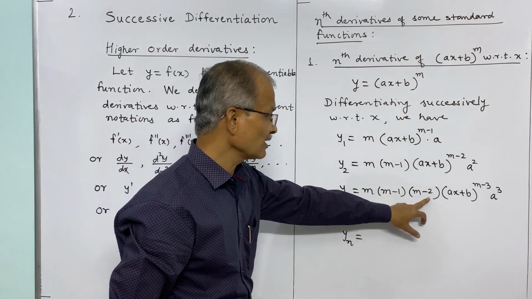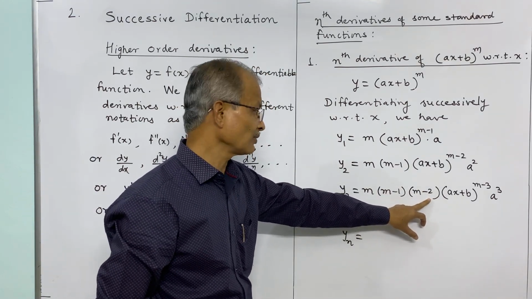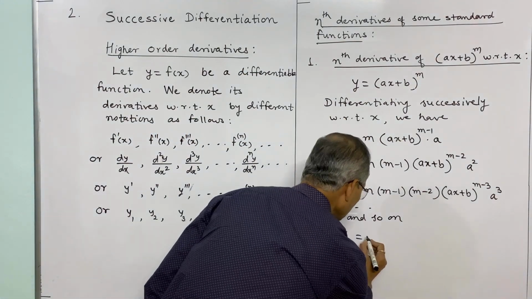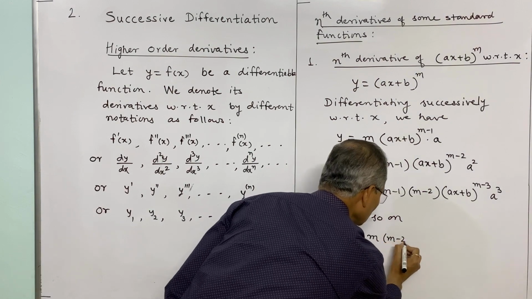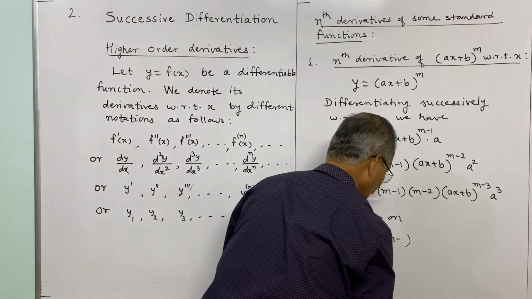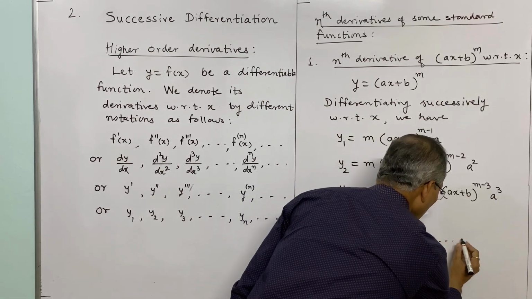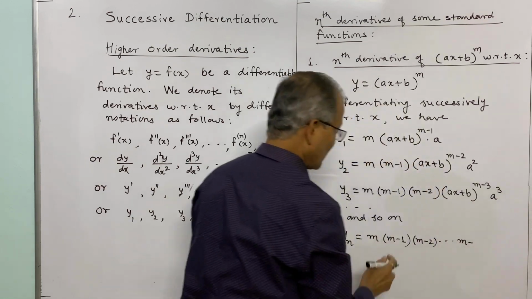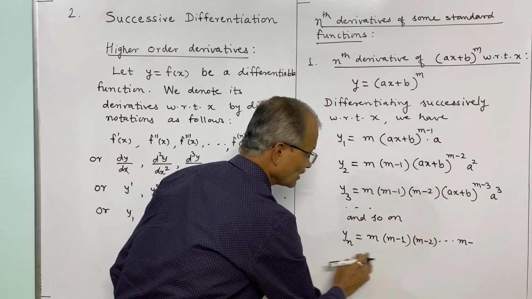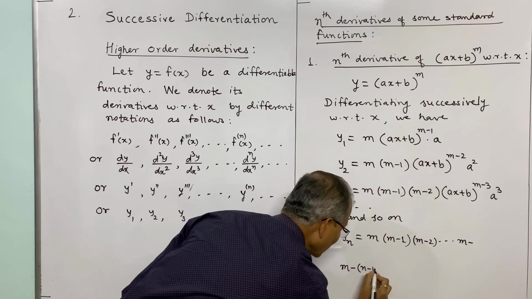Here it is 3, here it is 2, so the number of terms is one less, that is up to m minus 3 plus 1. Now see, here it is 3, there it is 2, so here it is n, there will be n minus 1.